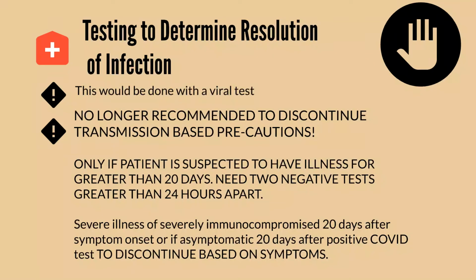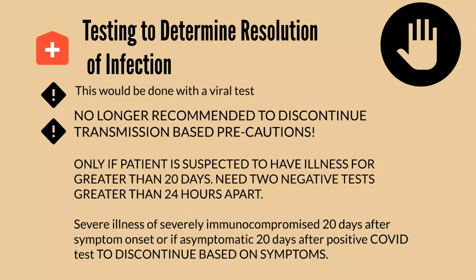But now the new recommendation is symptom based. So if you're severely ill or severely immunocompromised, 20 days after your symptom onset is when you're technically okay to be, say, out in the world.